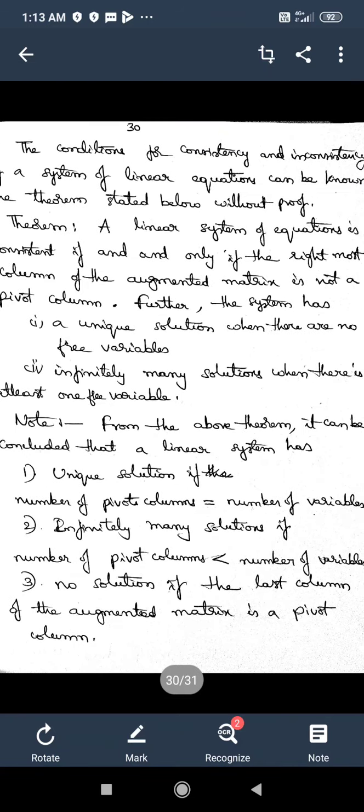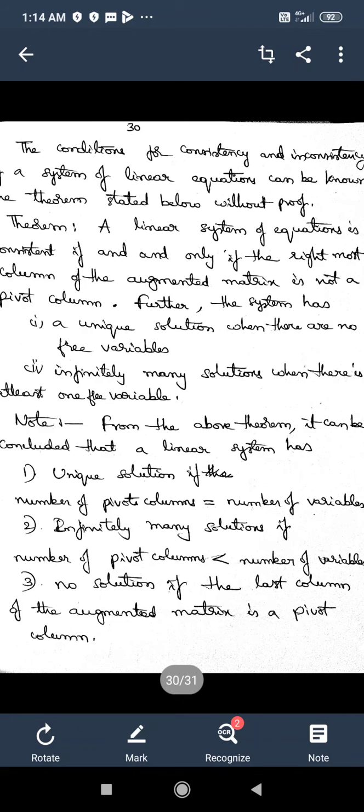And the system is consistent and has infinitely many solutions if the number of pivot columns is less than the number of variables. If the number of pivot columns is less than the number of variables, then we say that the system is consistent and has infinitely many solutions.